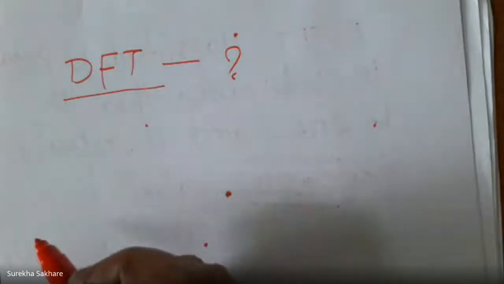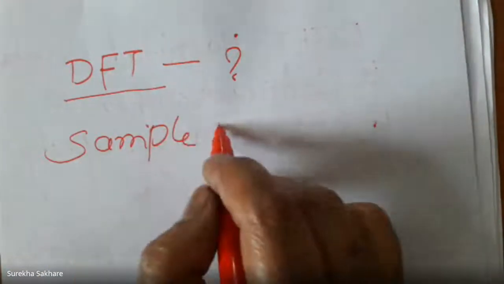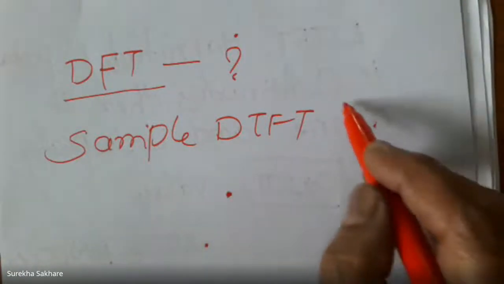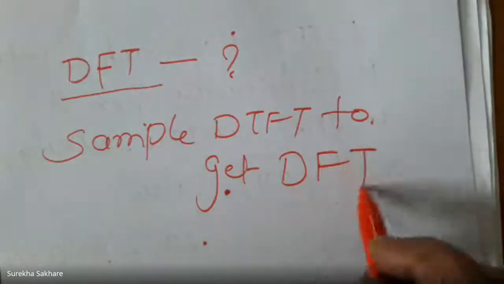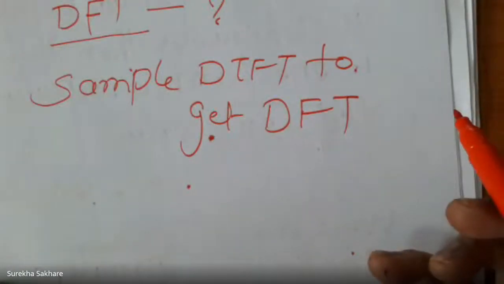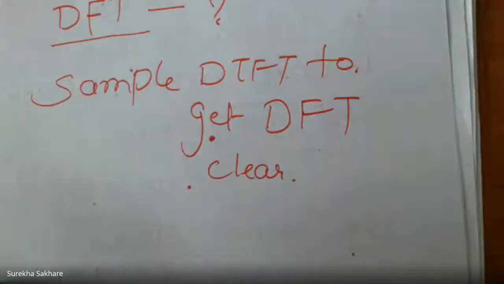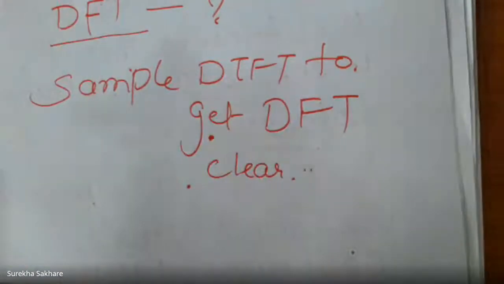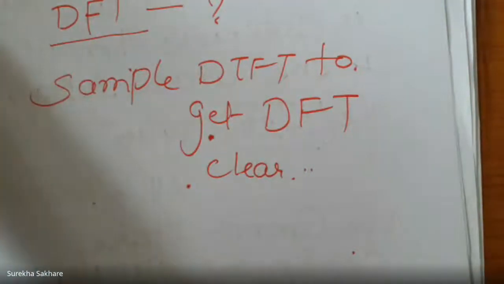Sample the DTFT to get the DFT. This is clear. Okay, so keep this in mind. The process of DFT will be taken in the next class. Have you understood this?